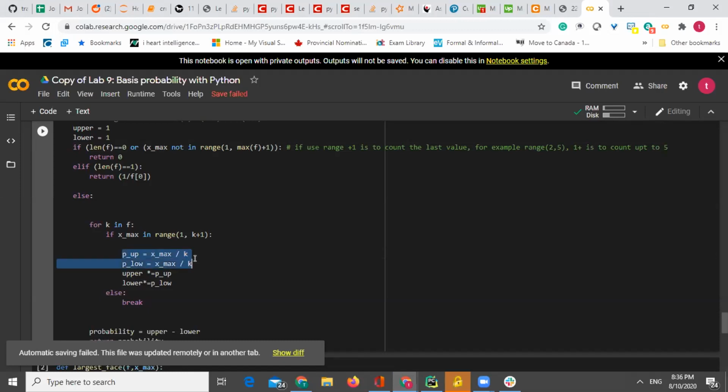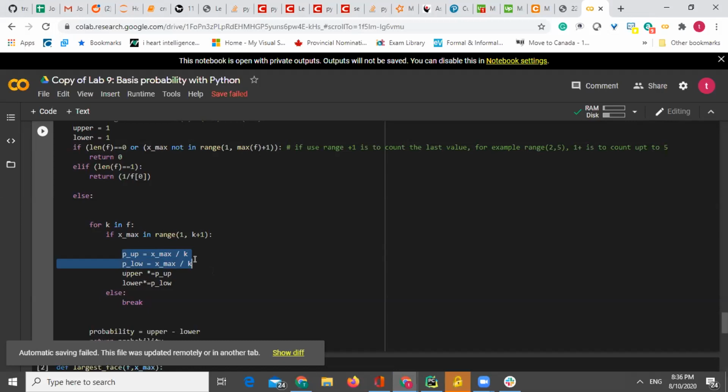I don't understand this step. What is the purpose of this? Yes, it is the individual probability.